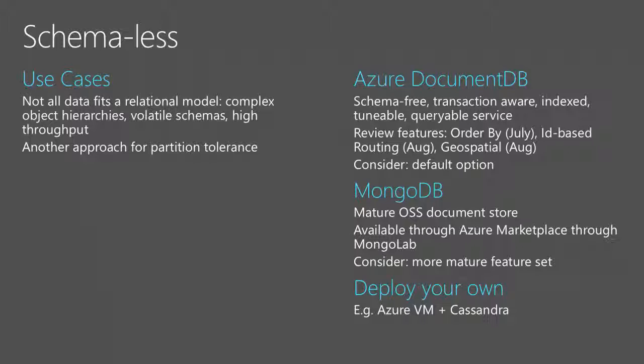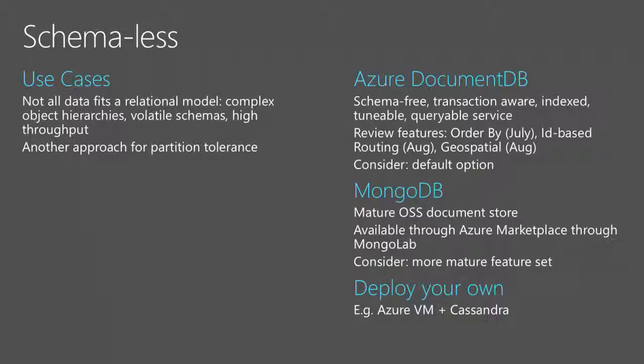The one thing to be aware of with DocumentDB is that they launched with a minimum viable product last year, and they're continuing to add features based on customer demand, which is the best way of building software that you can possibly imagine. However, it does mean some features that you might be used to in the relational SQL land might not be available. A great example of this, server-side ordering came in July, right?